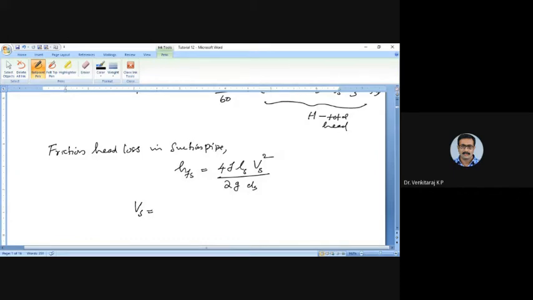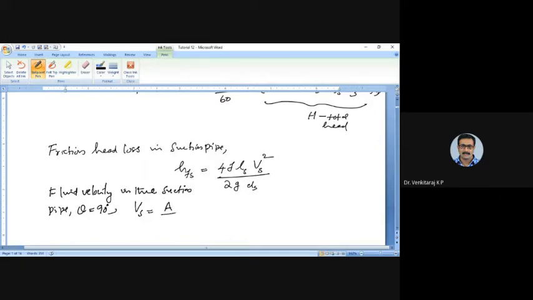So Vs is the fluid velocity in the suction pipe when theta equal to 90 degree.